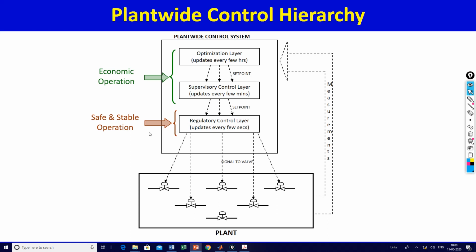But basically our understanding has to be that the regulatory layer set points that have a significant impact on economics, these are adjusted by the economic layer slowly. Okay, so that's the plant-wide control hierarchy that we typically have in chemical processes, continuous chemical processes.